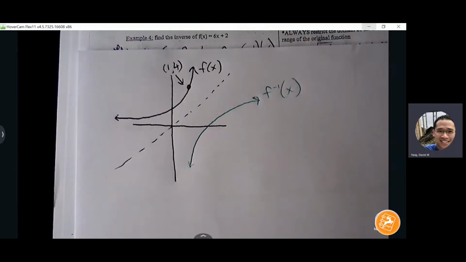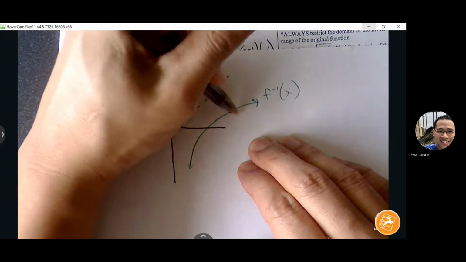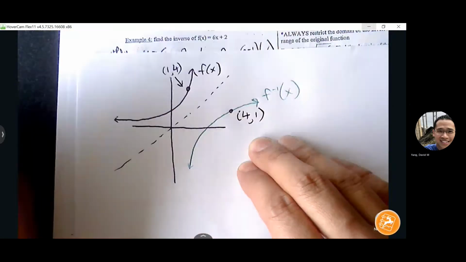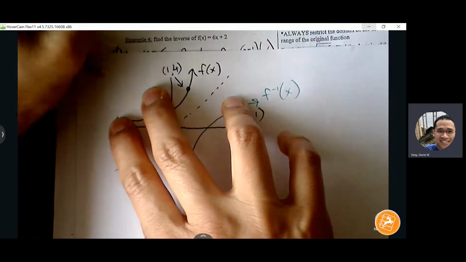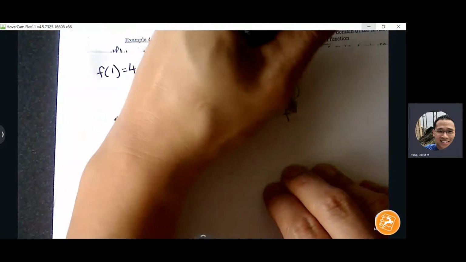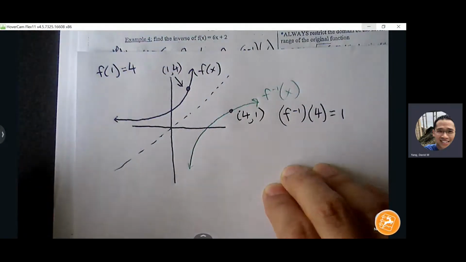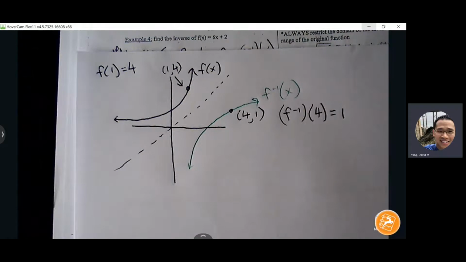And I call those corresponding points. Okay. So I know that f of 1 is equal to 4. I know that f inverse of 4 is equal to 1. Okay. So that is on the function side of things.